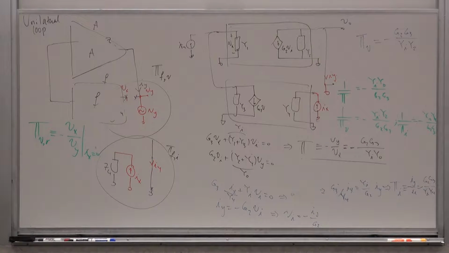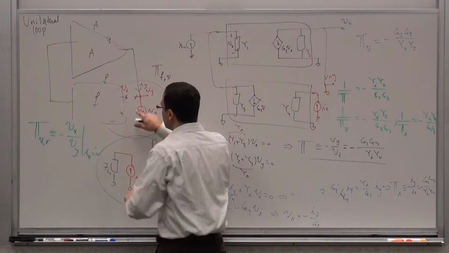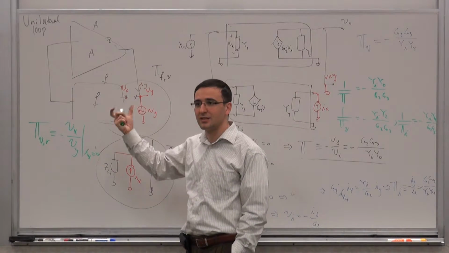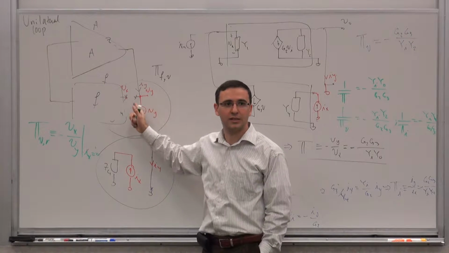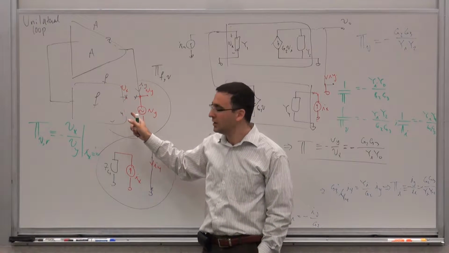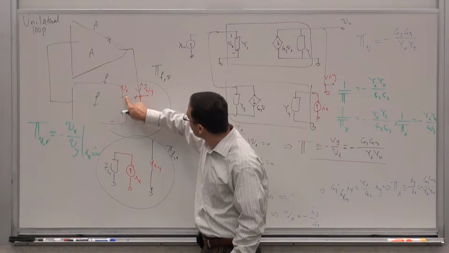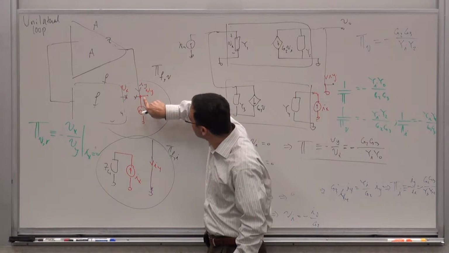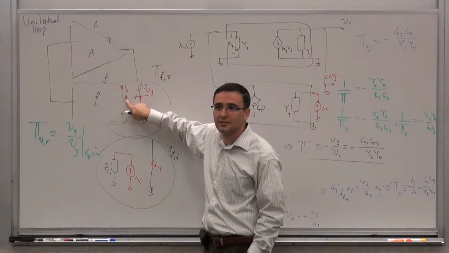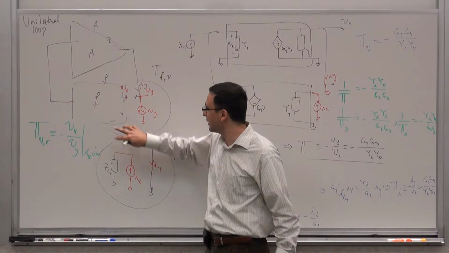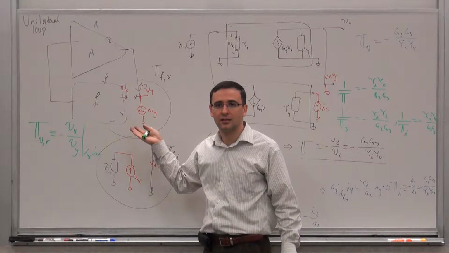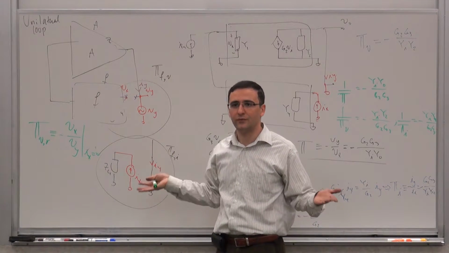You see, this is very different. Although it looks kind of similar, this Vx is very different because this Vx is not being driven. This is a different network with a different input and a different output. So now, instead of driving this node and looking at what voltage comes back here, I'm driving this node and looking at what voltage comes back here. So this is a completely different calculation. It's not 1 over that or something like that, because they're driven at different nodes.